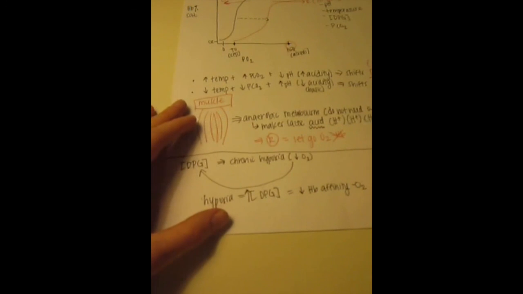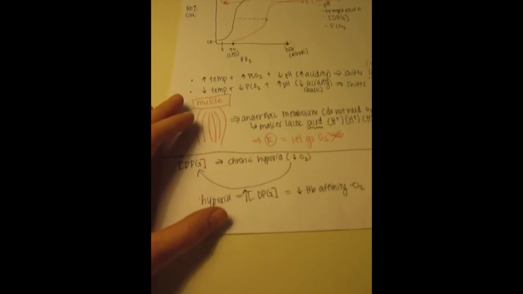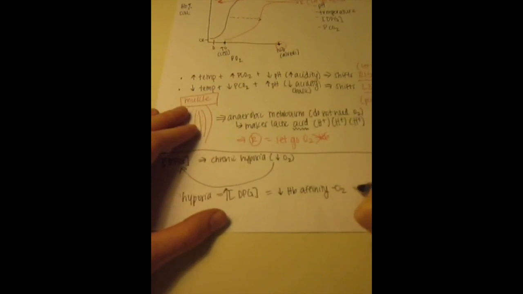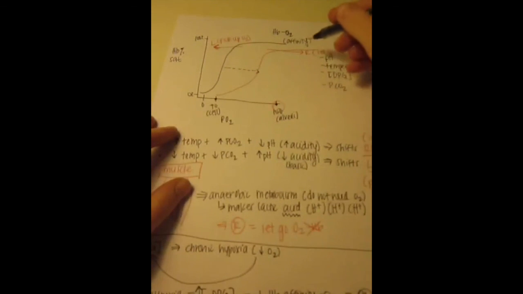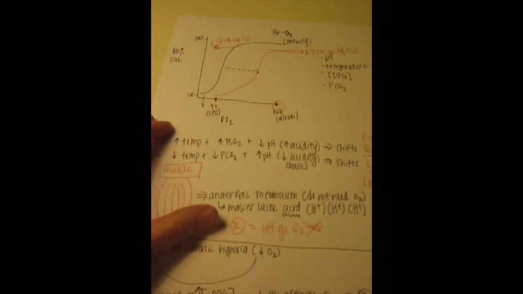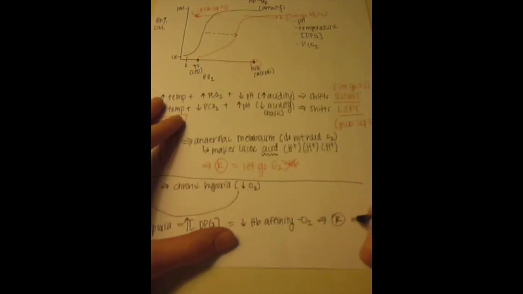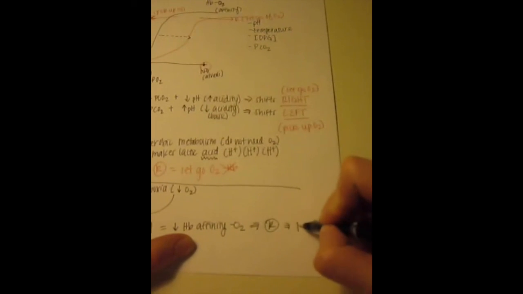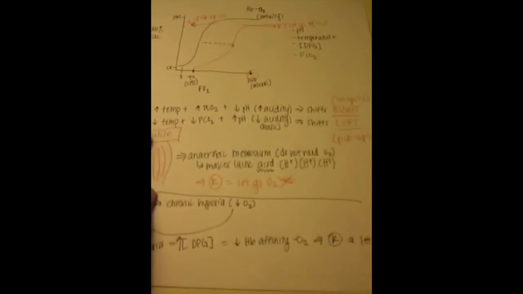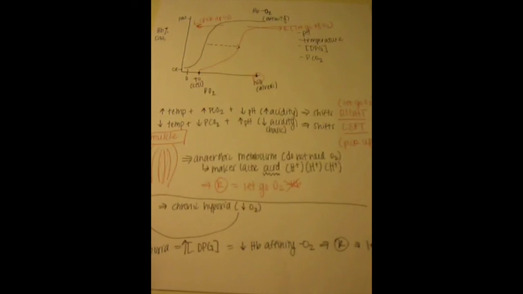If it's lowering the affinity for oxygen, that means it's going to shift right. So if we go up here, if we're shifting right, that means you're going to let go of oxygen. That will decrease your affinity for oxygen, and it's easier for oxygen to let go of hemoglobin.